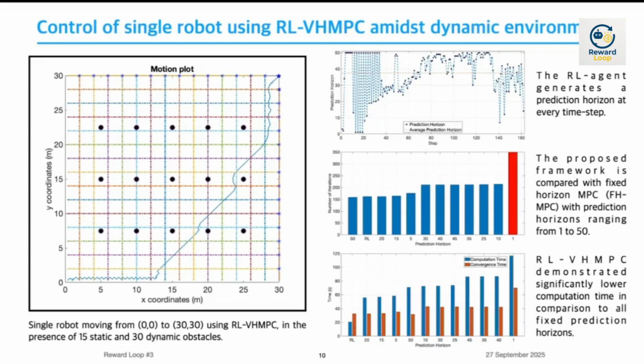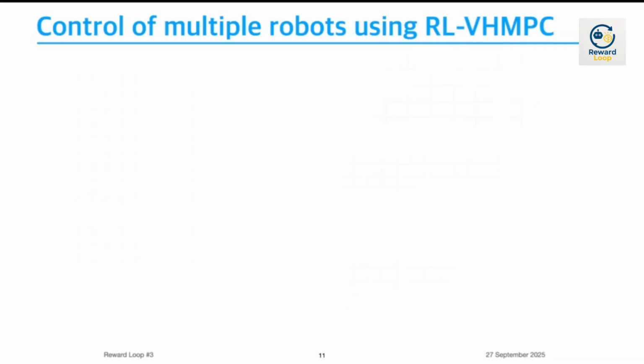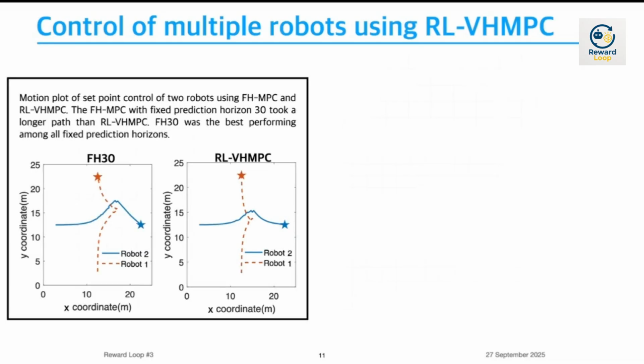So though the number of iterations are the same, the computation time required is much, much less in comparison to the best fixed horizon.